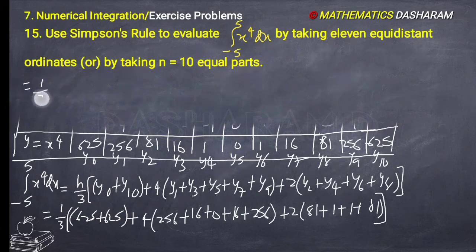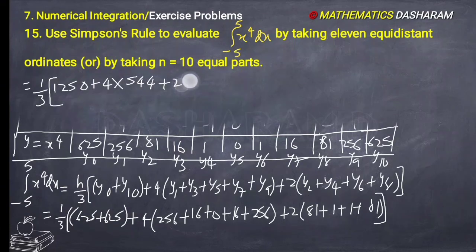So let's simplify this. It equals 1 by 3 bracket of 625 plus 625, 1250, plus 4 into 544, plus 2 into 164.